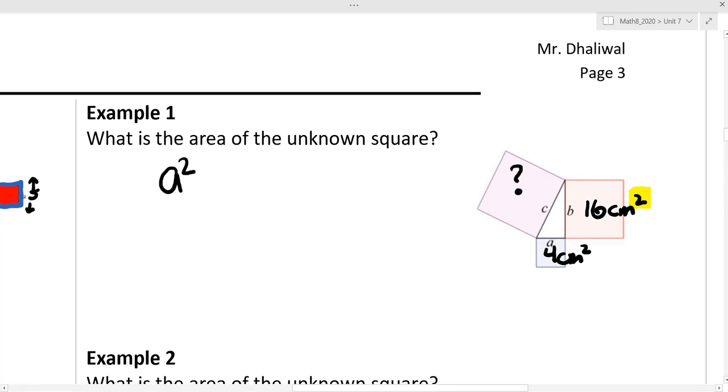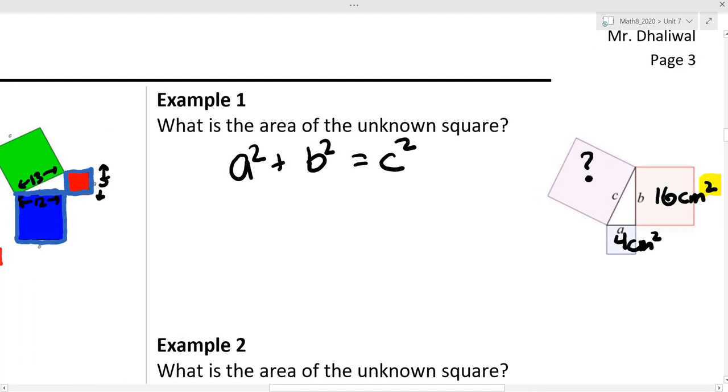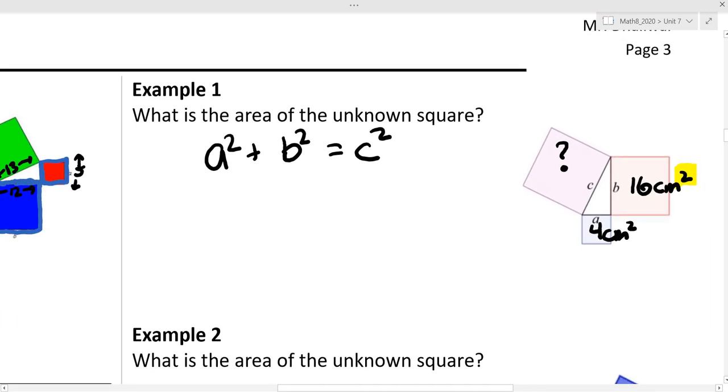So we have a squared plus b squared is equal to c squared. Now, I told you not the value of a, but I told you the value of a squared. I said the box off of a is 4 centimeters. So the value here is 4.